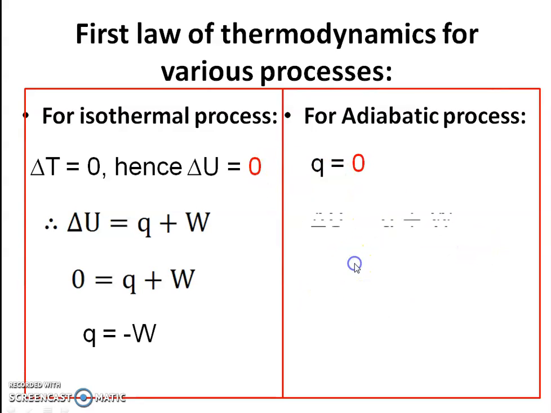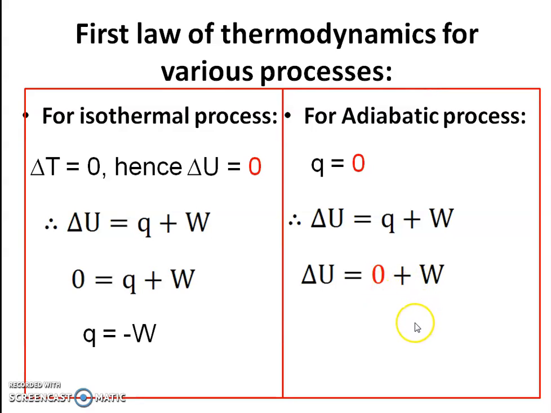This is the mathematical expression for the first law of thermodynamics: delta U is equal to Q plus W. But for an adiabatic process, Q is 0, and therefore delta U is equal to 0 plus W, or delta U is equal to W.